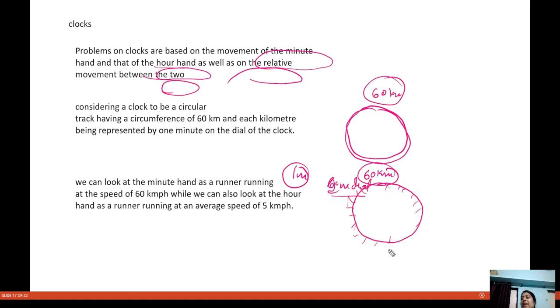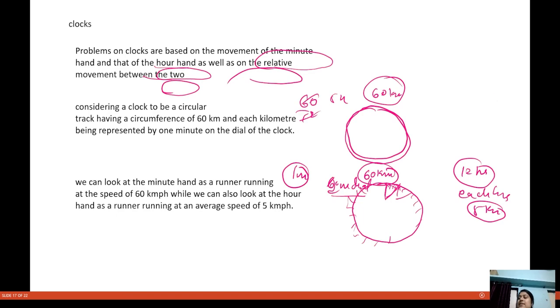And how many hours do you have? You have 12 hours, because in a clock you don't have 24 hours. Each hour is represented by how many kilometers? 5 kilometers, because you have 5 divisions of minutes before reaching the next hour. 60 by 12 is equal to 5.